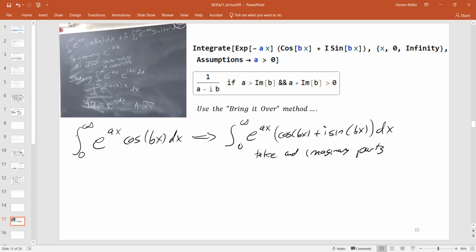So if I want to integrate just e to the ax cosine bx, it's sometimes easier to bundle it and then just take the real part when I'm done. That will just give me the integral of e to the ax cosine bx. Do you think you could actually integrate e to the ax cosine bx if you had to? How would you do it?